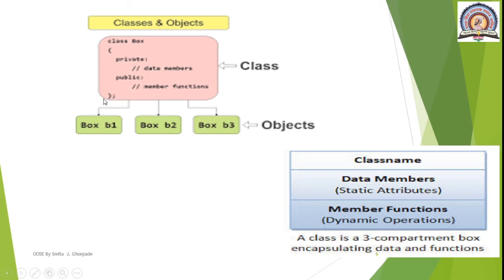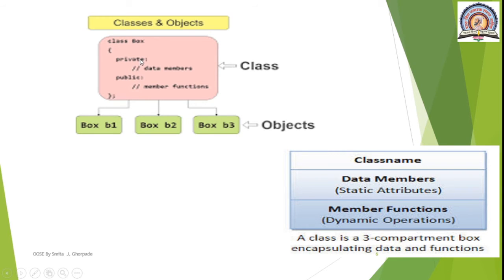The example for a class, basically in programming how we write a class. Here class is a reserved word. The class name is given as box, and this curly opening is the beginning of the class and curly closing is the end of the class. So the class has two access specifiers given here, private and public.